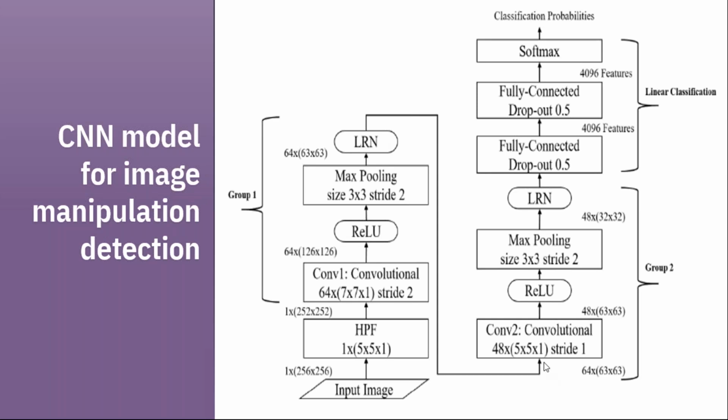Then the result is passed to the convolutional two layer, where the same steps are repeated. At every step, all the important features are being learned, and hence the size of the neurons being passed keeps decreasing. This was 256 cross 256 here, then we received 126 cross 126, then 63 cross 63, and finally we reached 32 cross 32.